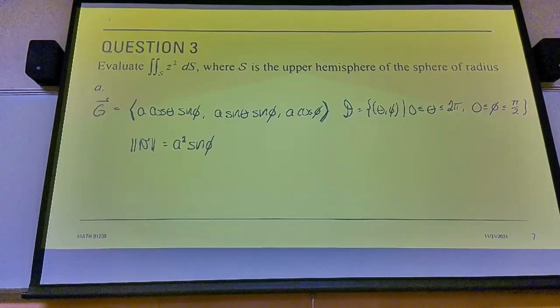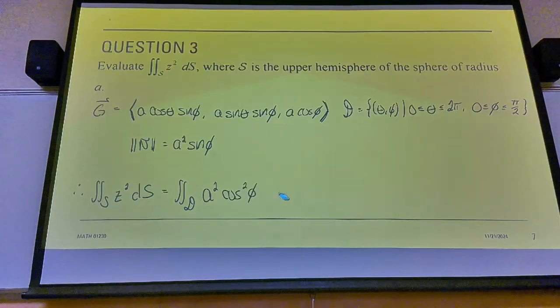There's the norm. Again, that's been derived. So the surface integral is going to be the double integral over D. Evaluate z squared along G. What do you get? a squared cosine squared phi, times the norm.